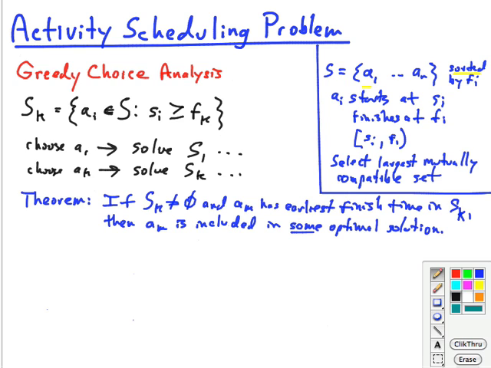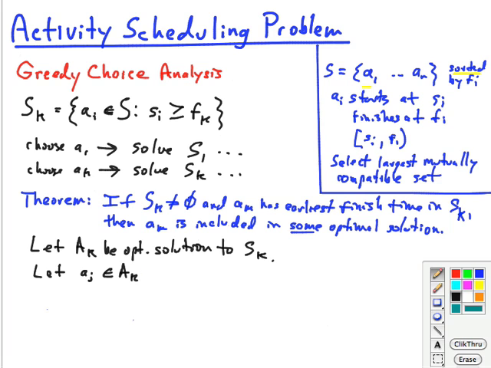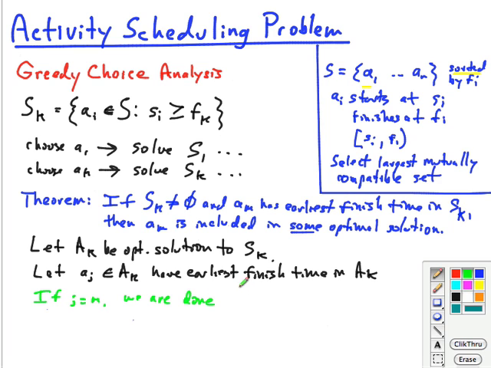We do this with a cut and paste argument, but rather than deriving a contradiction, we show that we can construct an optimal solution that will include a sub m. So let's start by letting A sub k be an optimal solution to S sub k, and we're also going to pick out the element a sub j in A sub k, the solution that has the earliest finish time. Okay, so first of all, of course, if j equals m, we are done, because we have just shown that there is an optimal solution with a sub m in it.